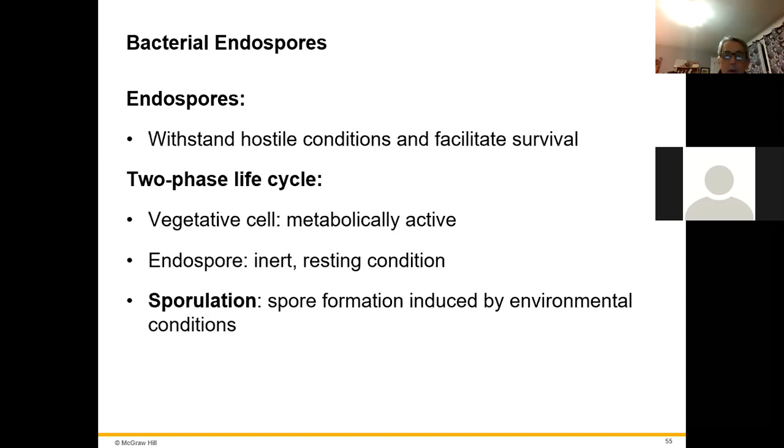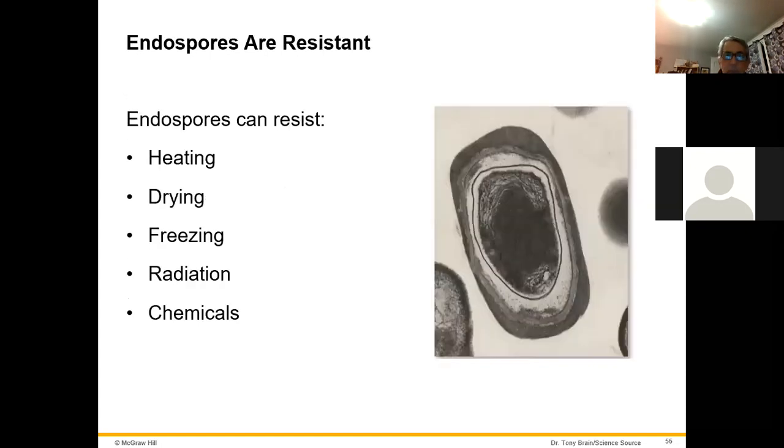A lot of their essential components are broken down, and they retain their genetic material. Then when they reach a favorable environment, they will sporulate. In other words, the spores will give rise to new actively growing bacterial cells.